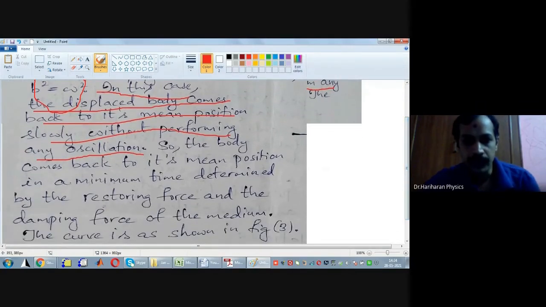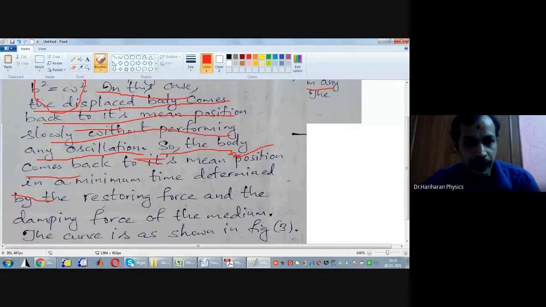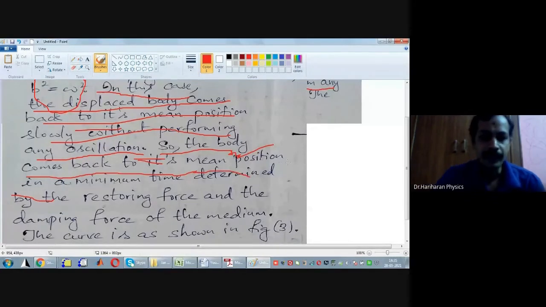So what does that mean? The body will come back to its mean position in a minimum time that is determined by the values of B and omega.